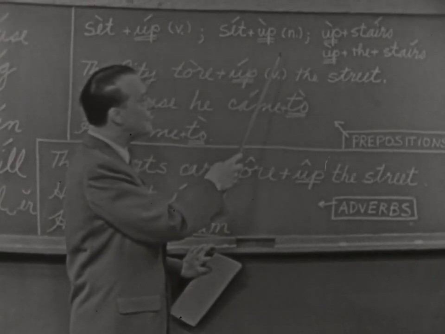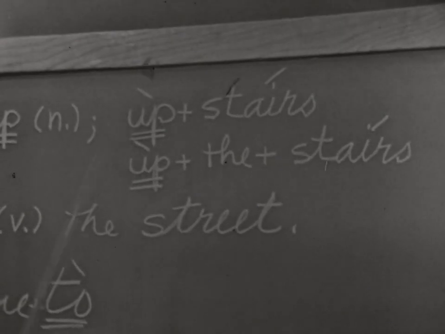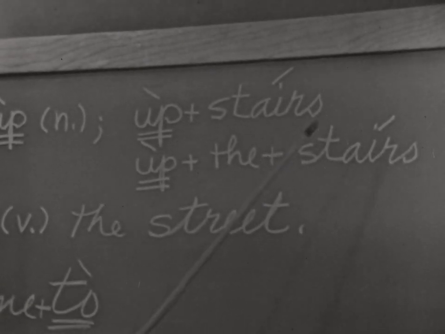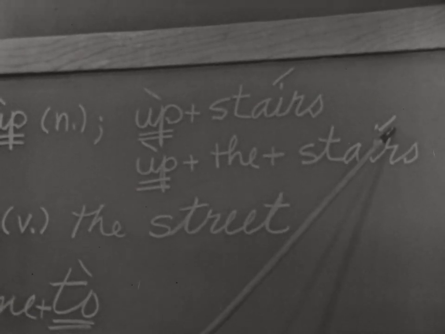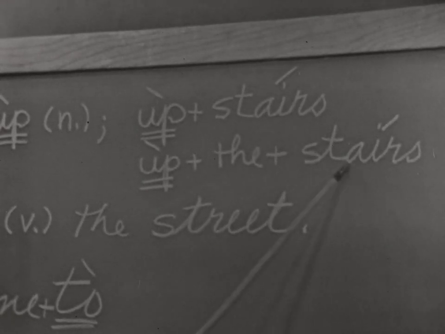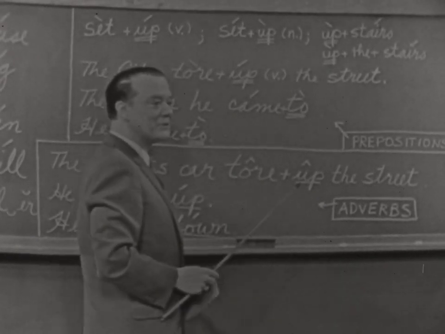It was a setup. Now, when you say upstairs and put this thing together with tertiary stress here and primary stress here, you get upstairs, right? Or up the stairs. Notice there's tertiary stress here, primary stress here, tertiary stress here, primary stress here. These are nouns. Now I can define for you or identify for you the preposition.